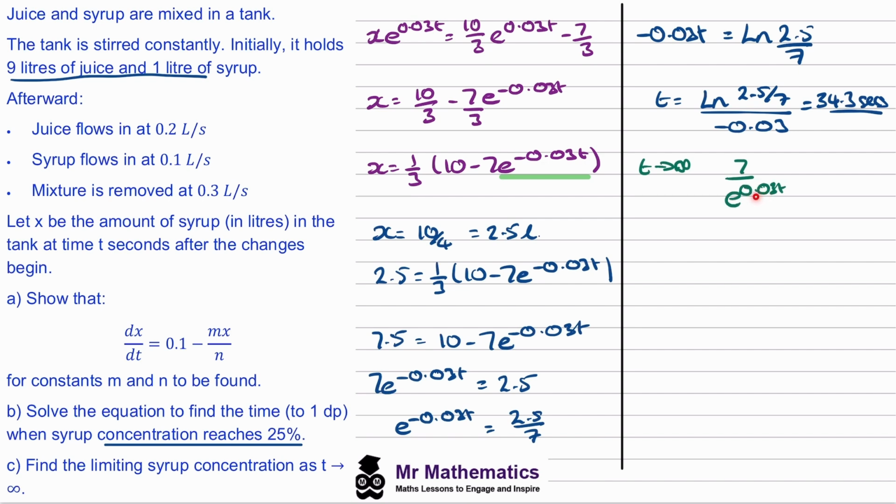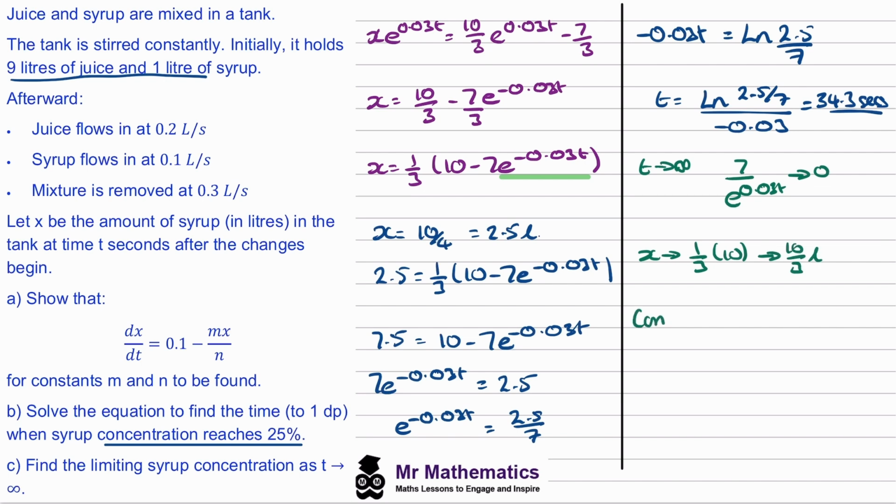And when t tends to infinity, this becomes very large, and 7 divided by a very large number will tend to 0. So what we're left with is x will tend to 1/3 of the 10. So there'll be 10 over 3 litres of the syrup.